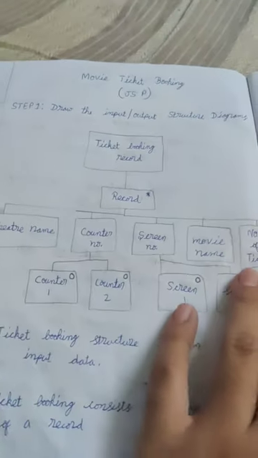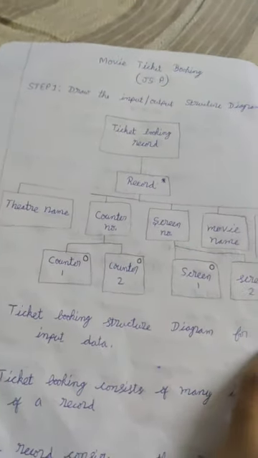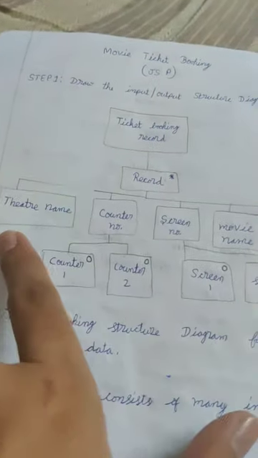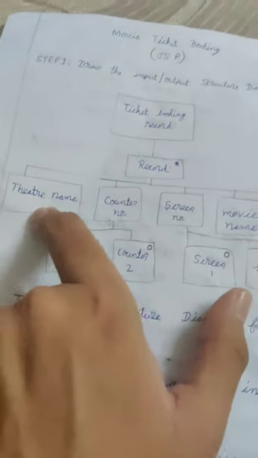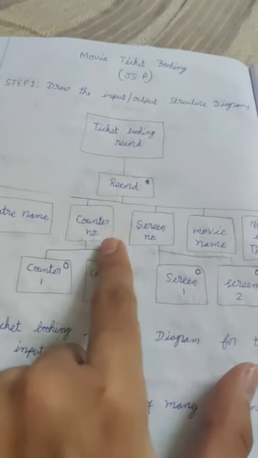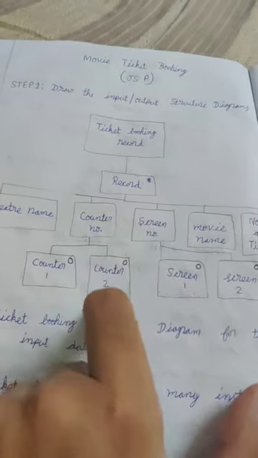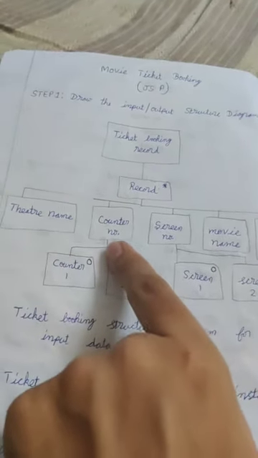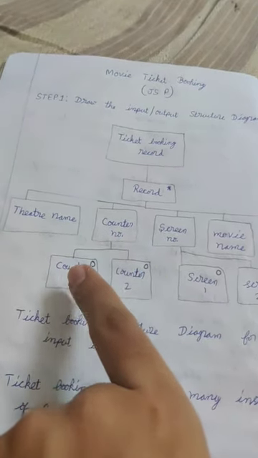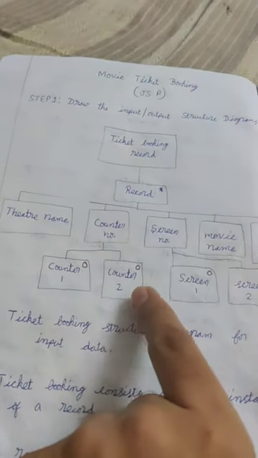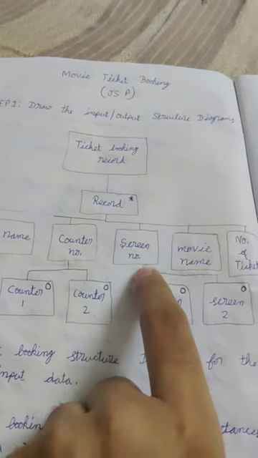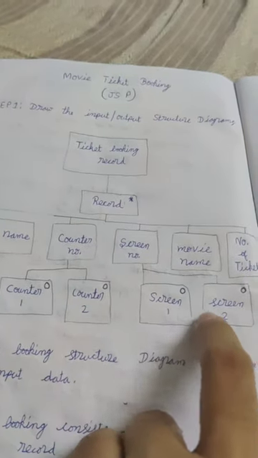When we have decided to go to a theater to see a movie, first of all we have to choose a theater name, which theater we have to go to. Second, once we decided on a theater, we go to the counter number for booking a ticket, counter 1 or 2, and we have to decide which screen we have to be seated in to see a movie.